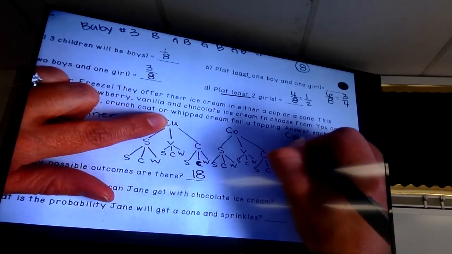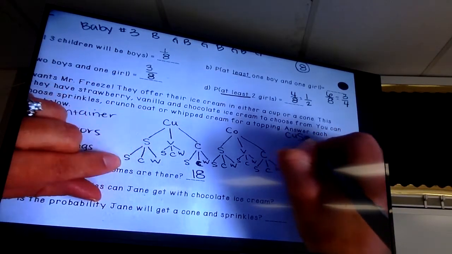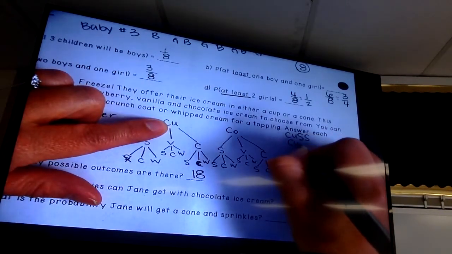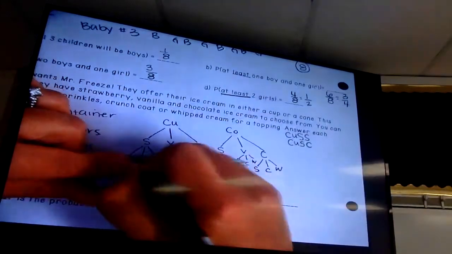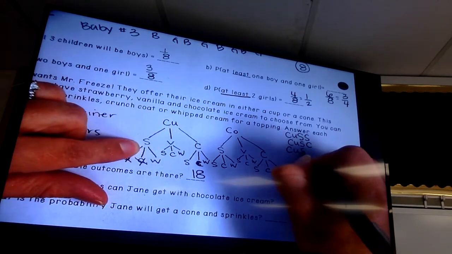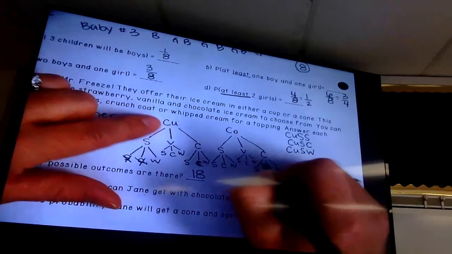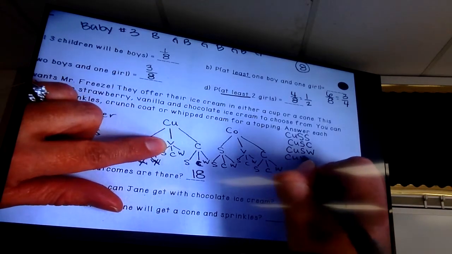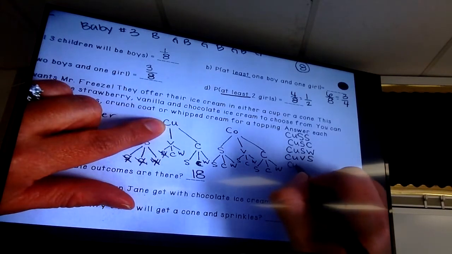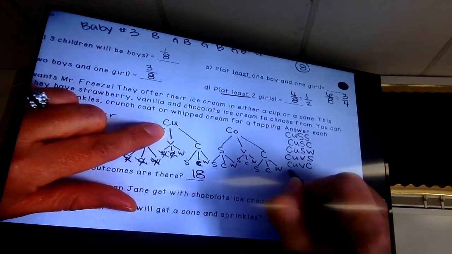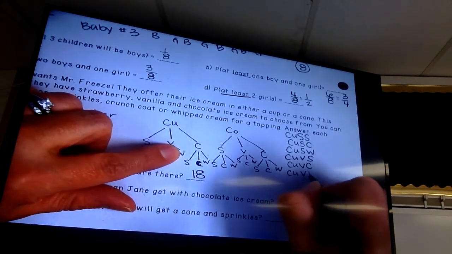So I could have a cup of strawberry with sprinkles, or I could have a cup with strawberry and crunch coat, or I could have a cup with strawberry and whipped cream, or also I could have a cup with vanilla and sprinkles, or a cup with vanilla and crunch coat, or a cup with vanilla and whipped cream.